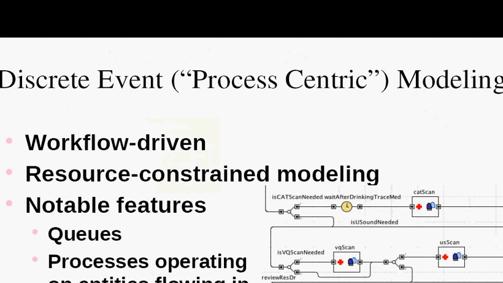We have entities which, particularly in earlier days, tended to be more passive, flowing through a set of processes over time, depicted by things we might informally call workflows. Those entities are operated on according to the availability of resources, which are often capacitated, often constrained by availability. So a given entity within the system may be waiting for some period of time in a queue because of lack of availability of a resource.